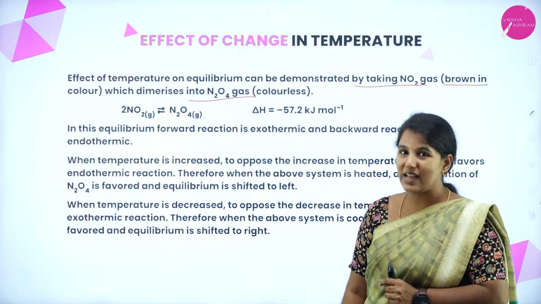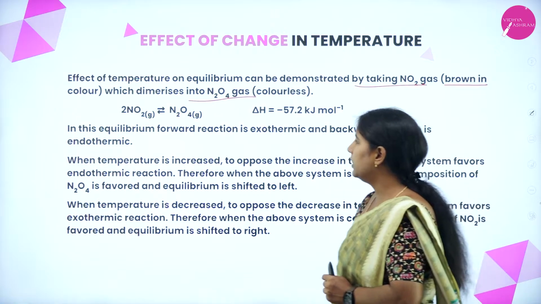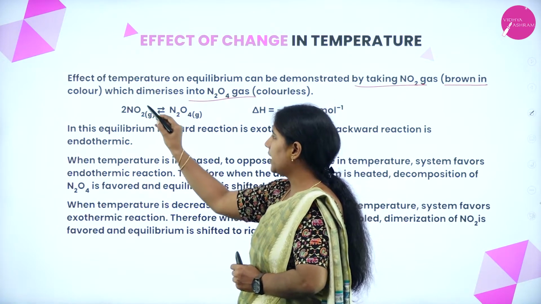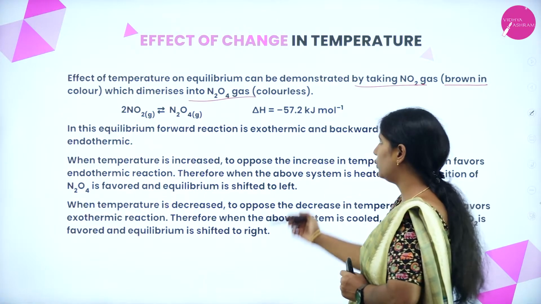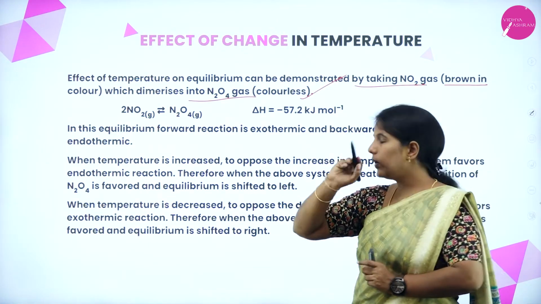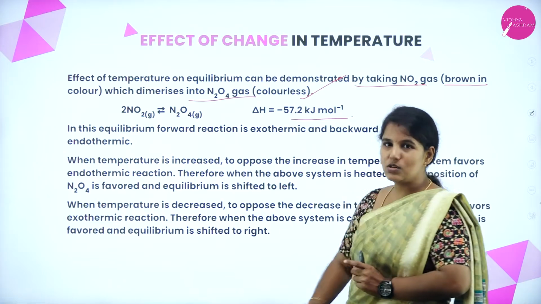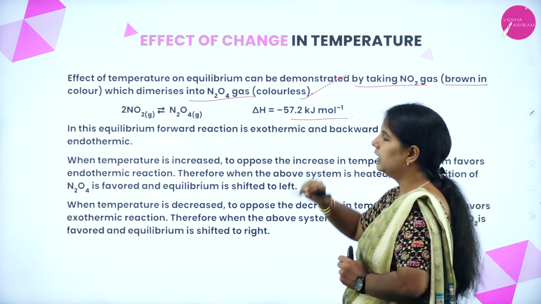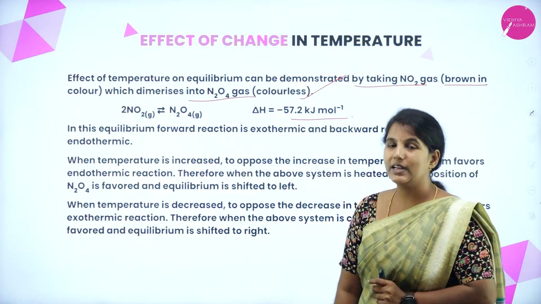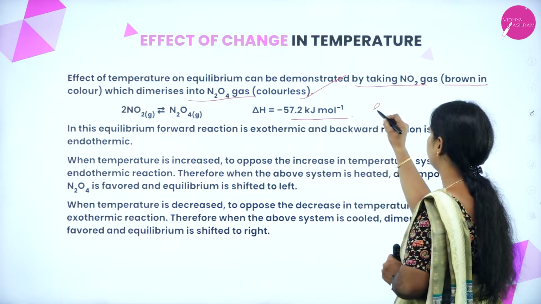So, here two molecules of nitrogen dioxide undergo dimerization and form N2O4, which is colorless. You can see that this is an exothermic reaction because the change in enthalpy is indicated with a negative sign.